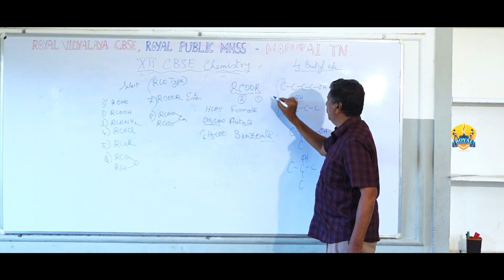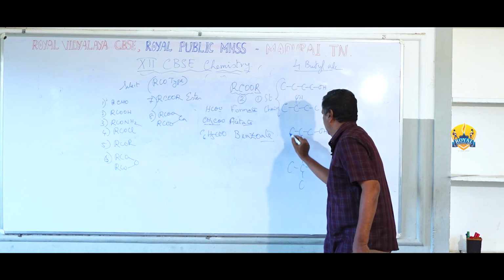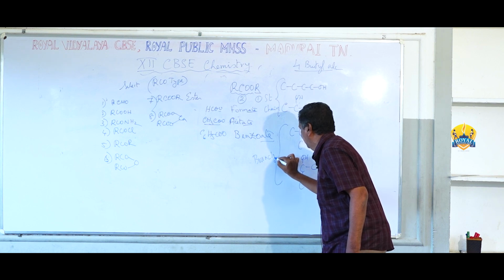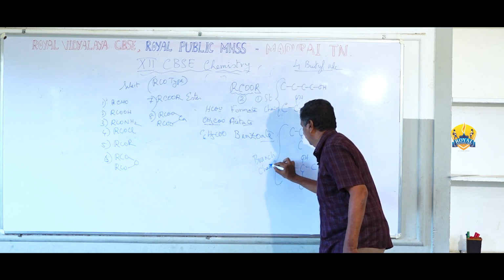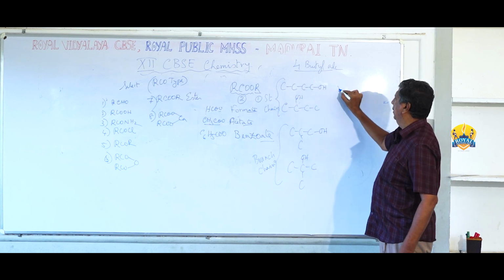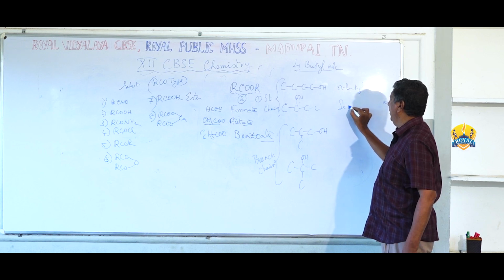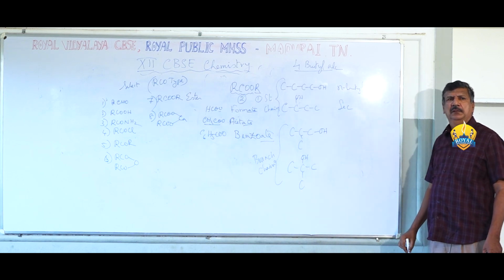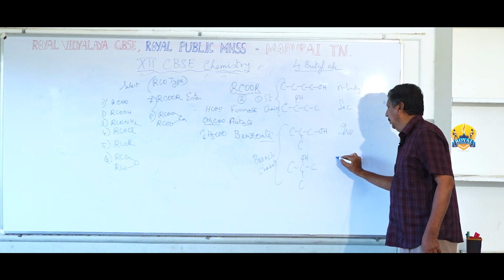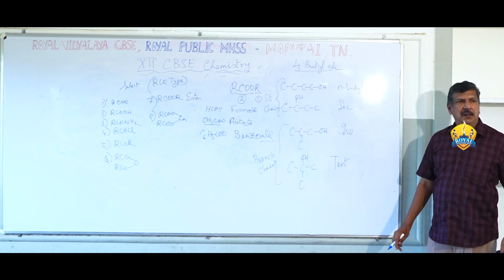These 2 are straight chain. These 2 are branch chain. Okay. What is the name for this? N-butyl alcohol. Secondary butyl alcohol. This is isobutyl alcohol. This is tertiary butyl alcohol.